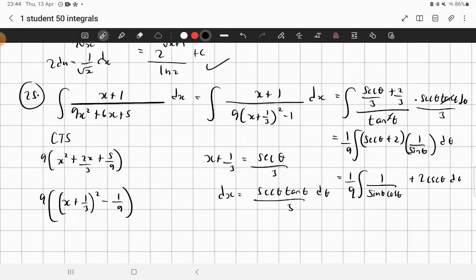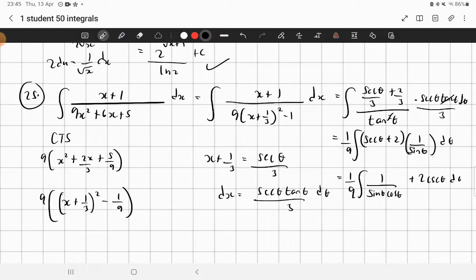And then 1 over sine theta. Alright, that's going to be a pain. So cosecant, is there any formula sheets? Please do let me know. Cosecant theta. There's a possibility that I might be wrong.